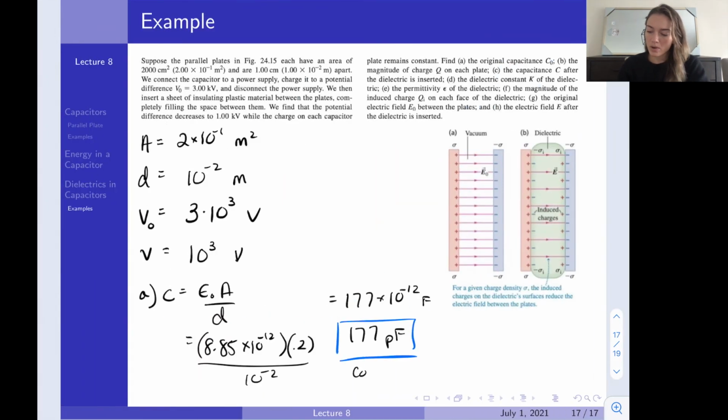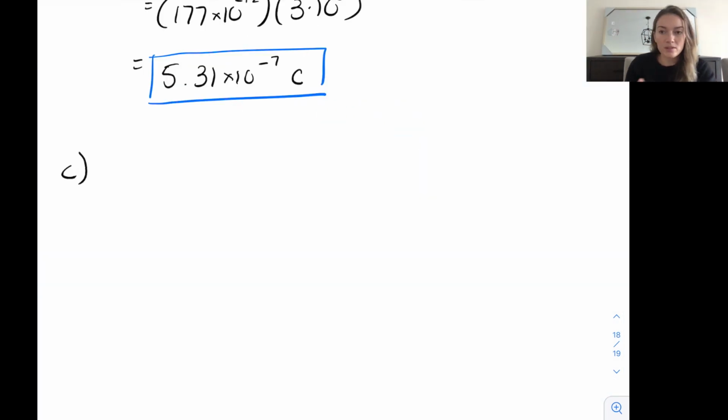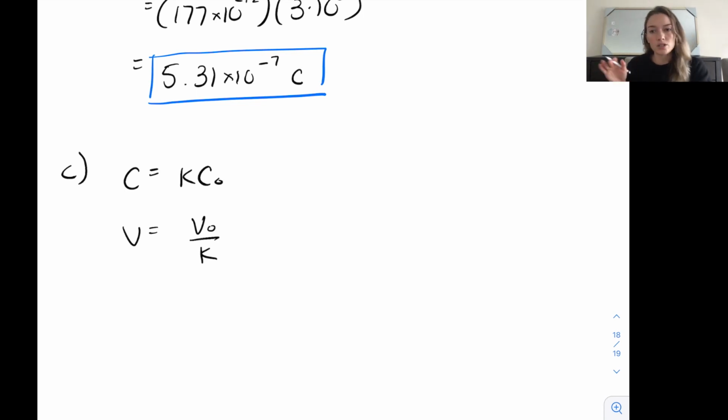And now for part C, we want to find the capacitance after the dielectric is inserted. After the dielectric is inserted, remember our capacitance is going to be bigger than our original capacitance, because the dielectric will increase the capacitance of our capacitor. So how do we figure out the new capacitance? Well, we can figure out the dielectric constant quite easily, because remember the dielectric will decrease the potential between the plates by a factor of K if you keep the charge constant.